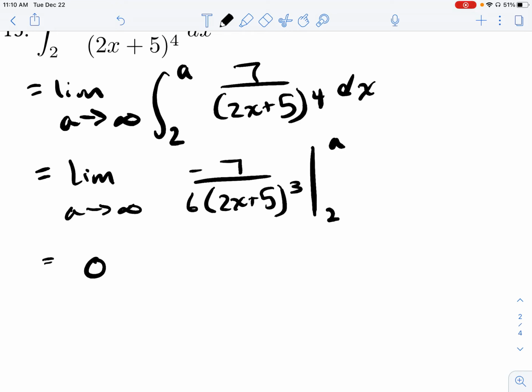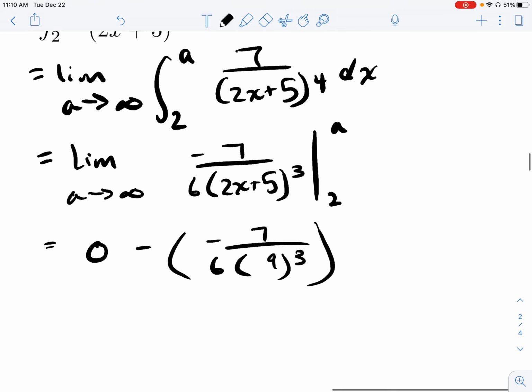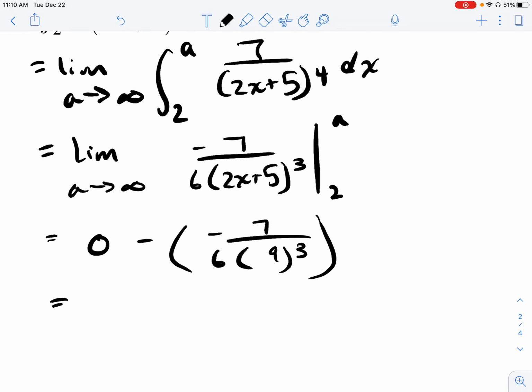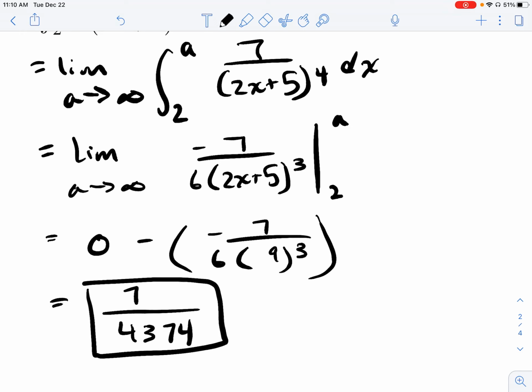And then that same integral evaluated at 2, we can just write: we've got 6 times 4 plus 5, that's 9 cubed. And we're going to now flip the signs, and so that's just going to give me 1 over 6 times 9 cubed. Just punch that into your calculator if you need to, and that's 4374. And so there's that integral there.